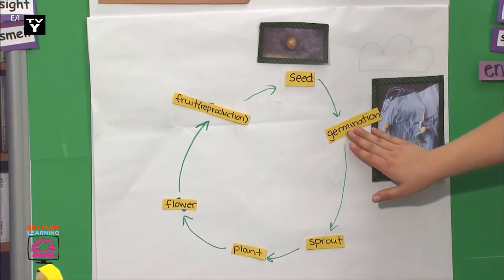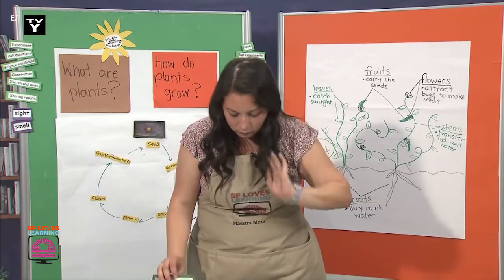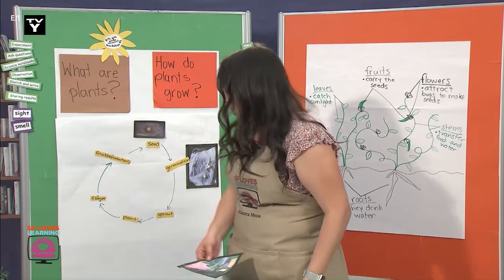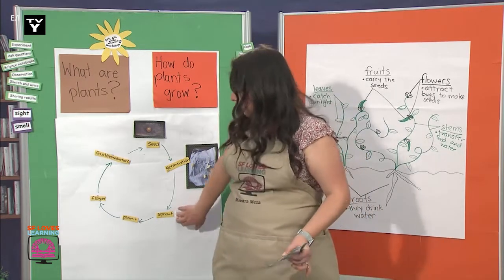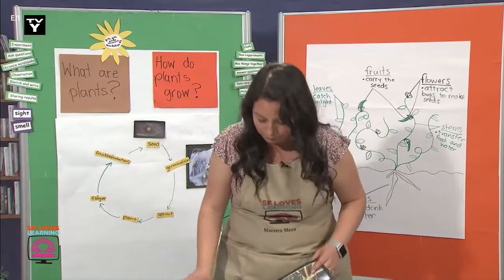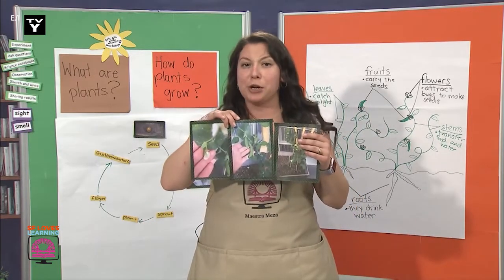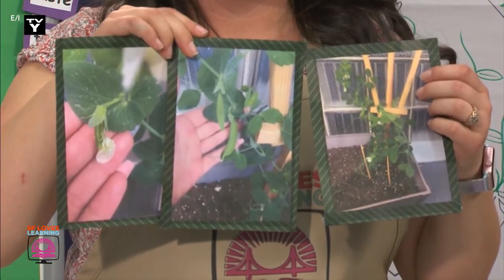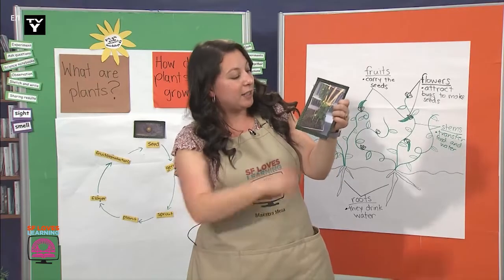So after germination, we get a sprout. Actually, I think my sprout went missing, scientists. But we'll just imagine that. Let's go ahead and go to the plant. Which of these shows the entire plant? You're right. This one shows the entire plant. I can see the stems.